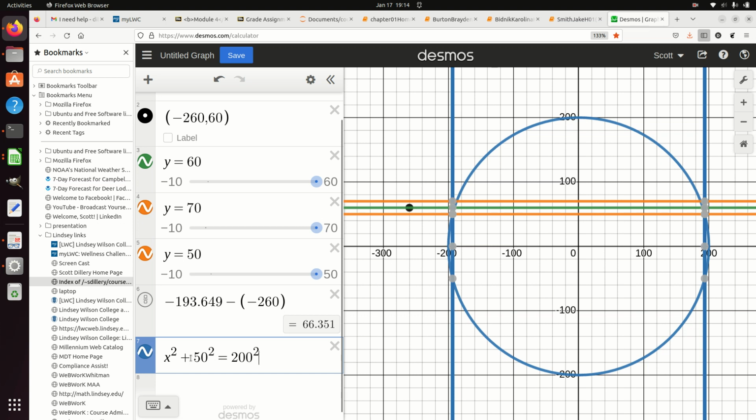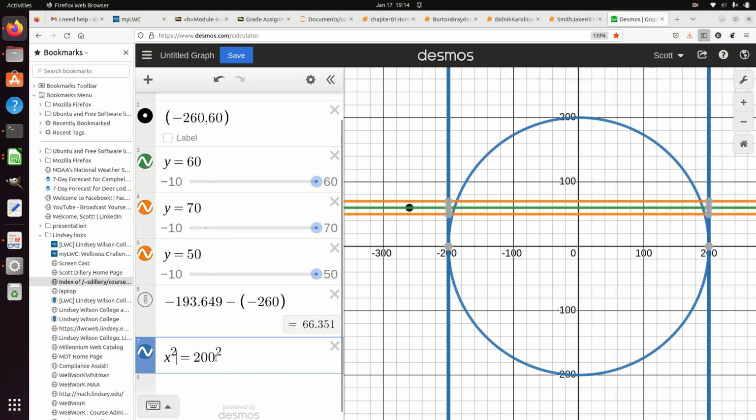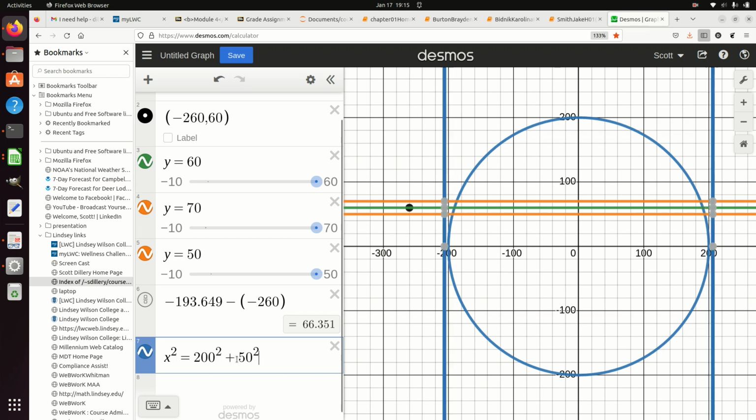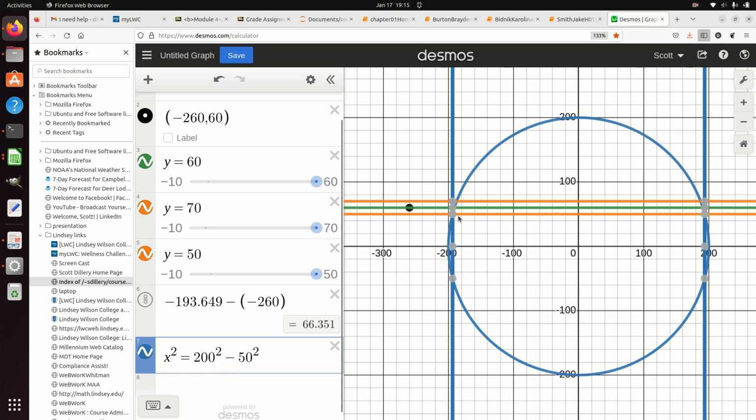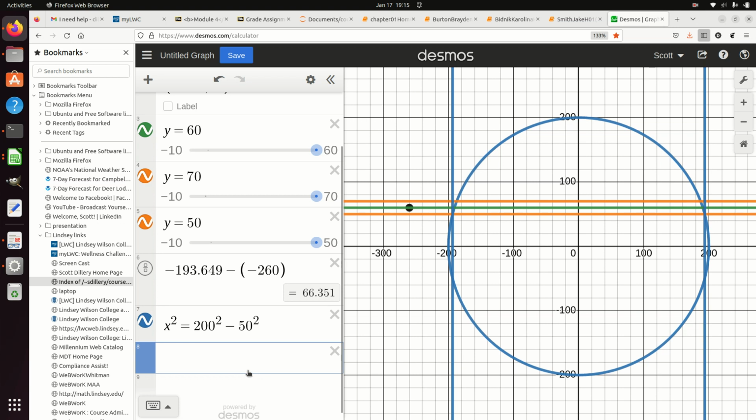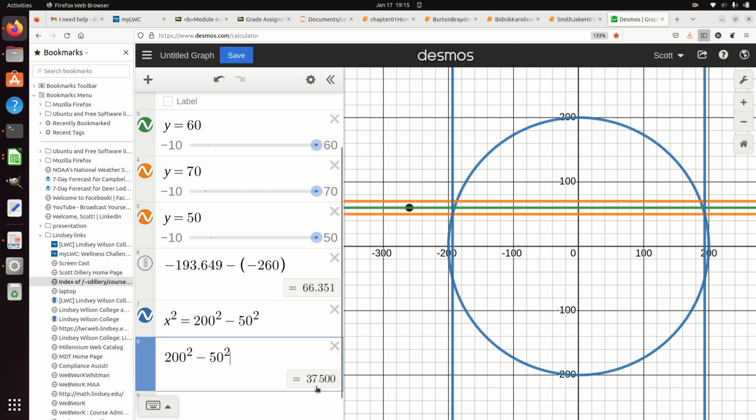And of course, the way they want you to solve it is, I'll subtract 50 squared from both sides, put a minus, and there we are again. And if I'm not sure what that number is, I'll do a Control C to copy it. I'll put it right down here, Control V, and that number is 3750. Oh, I needed my square root, right? I need to take the square root of this thing.